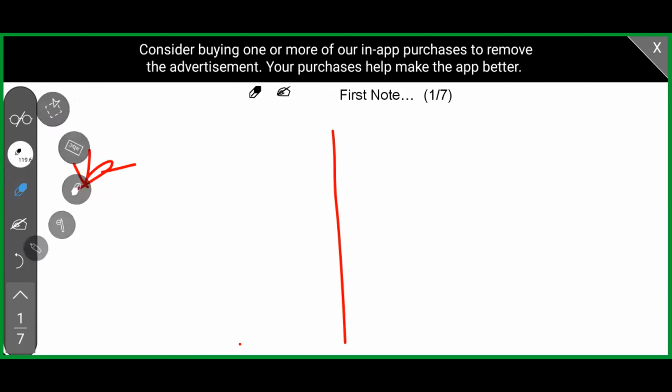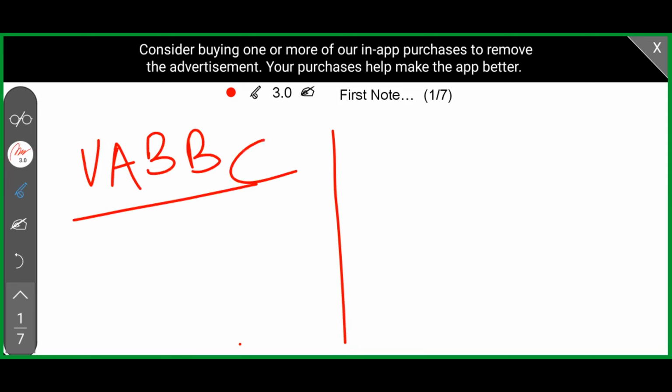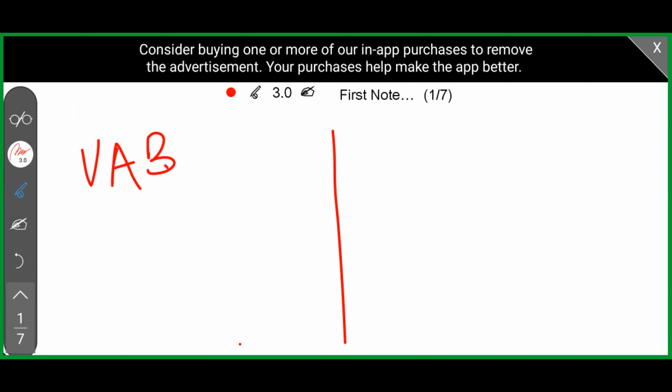So if I'm writing here this one, and by mistake I had written something wrong, let me show you what wrong I can write.